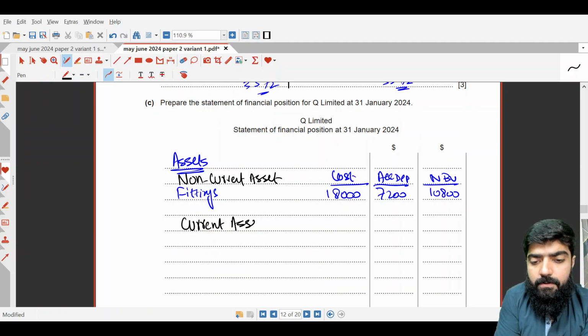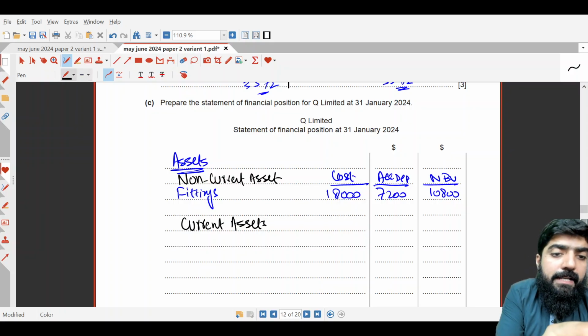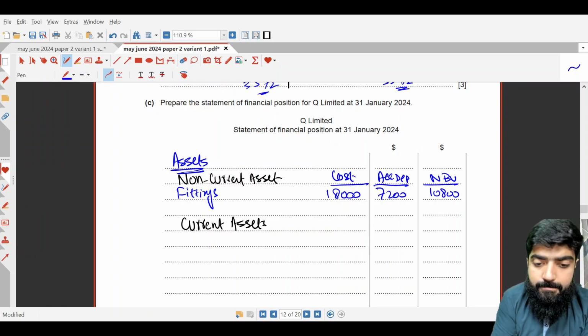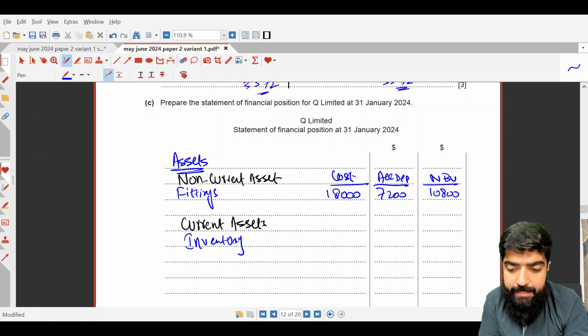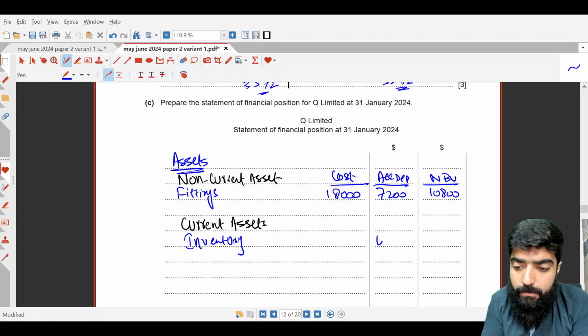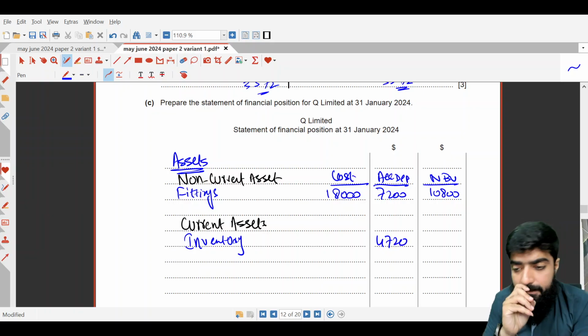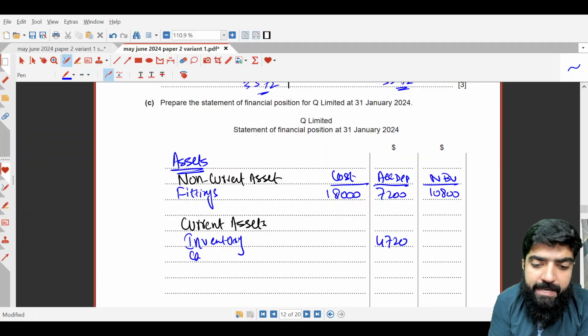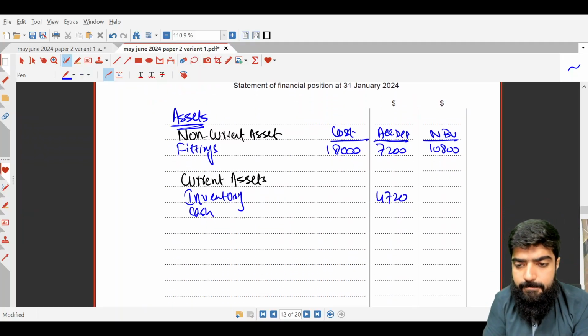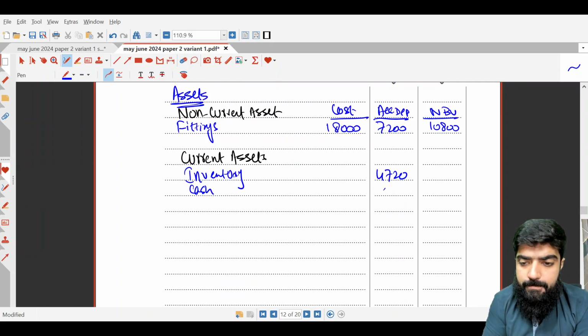So the closing balance of inventory is 4720. Any other asset? Cash at bank is 915.